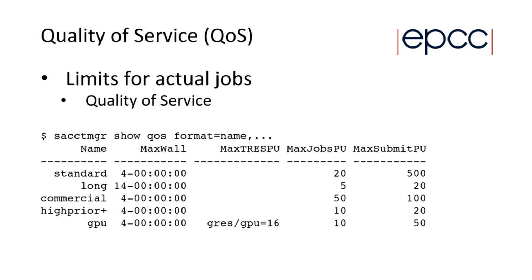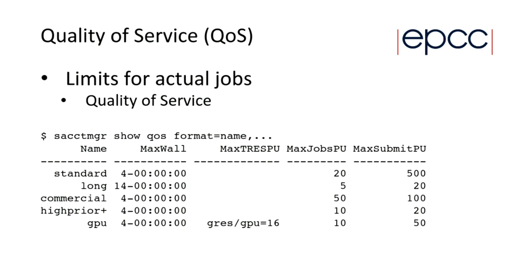You'll see it has a maximum wall time of 4 days here, or 96 hours, and there are certain number of maximum running jobs per user, which is 20, and a maximum number of submitted jobs per user, which is 500.